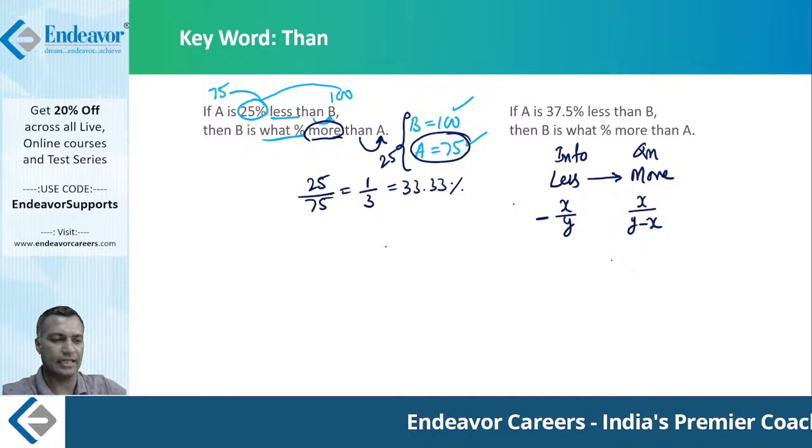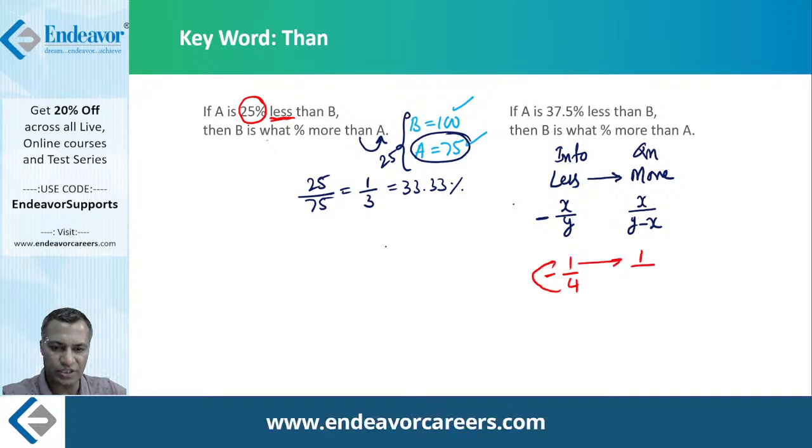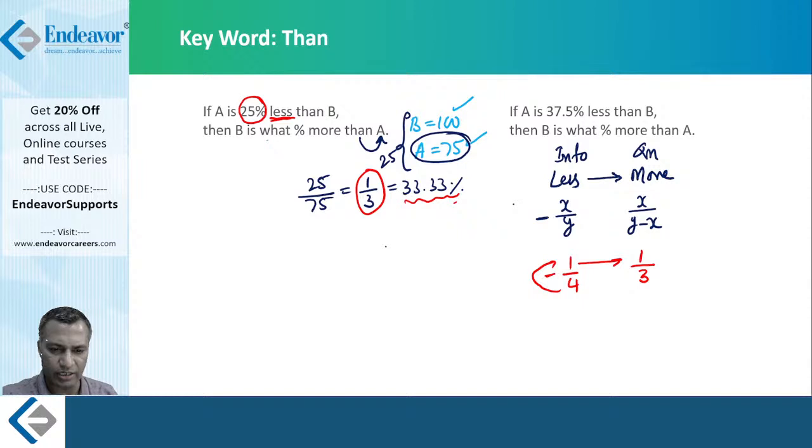Now the question is asking about more. When you are writing more, repeat this one as it is, and then 4 minus 1. What is 4 minus 1? Which is 3. Therefore you are writing 1 by 3, which is nothing but 33.33%, the same 1 by 3 you had here. Pretty easy to write. If you have this mnemonic in your mind, it's so easy to write the answer.